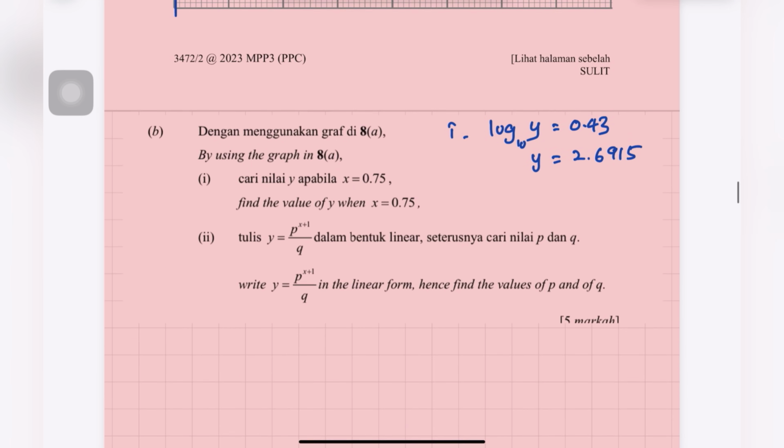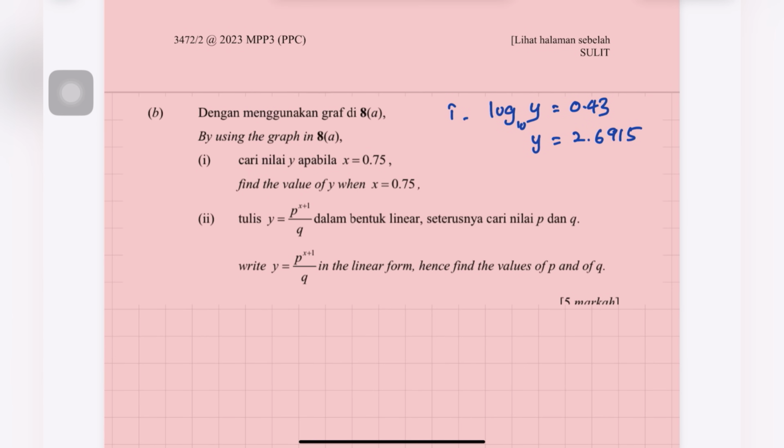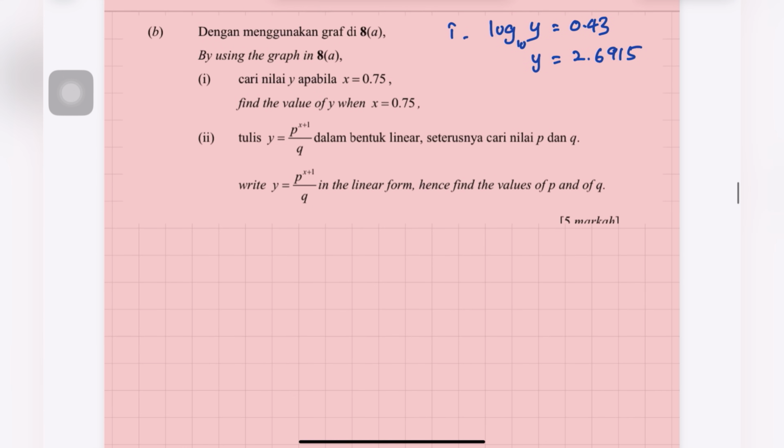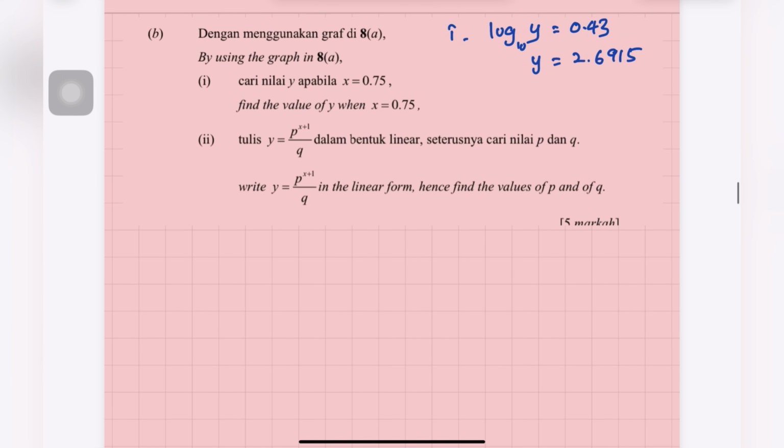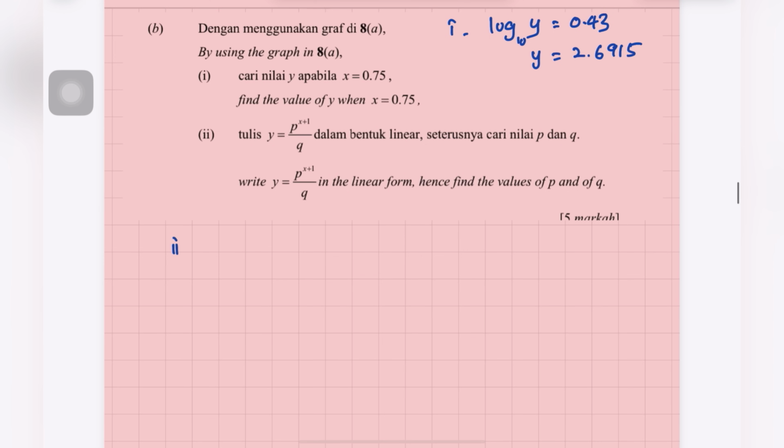For B Roman 2, write y equals p power of x plus 1 over q in the linear form. Hence, find the values of p and of q. Meaning that we have to reduce this non-linear equation to a linear equation. So, y equals p power of x plus 1 over q. From the question, we have a clue here.